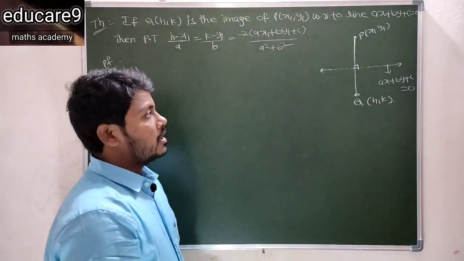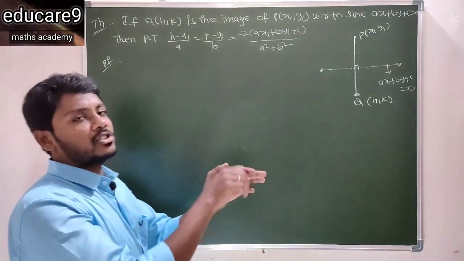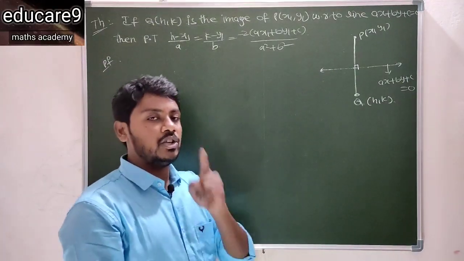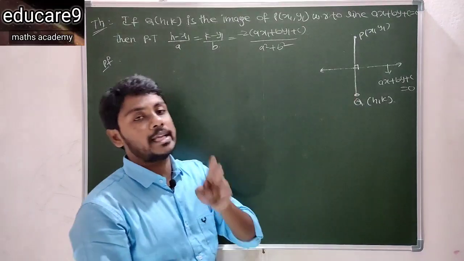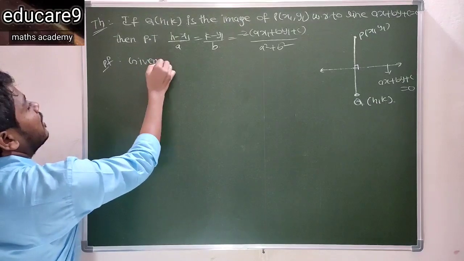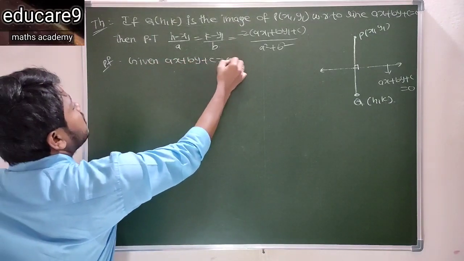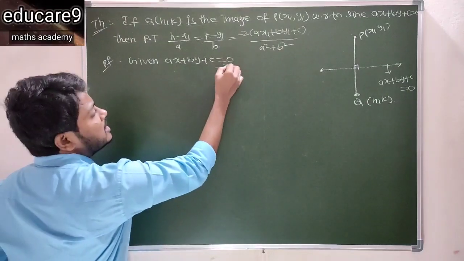Okay. So you know that two lines are perpendicular. Therefore the product of their slopes is minus 1. So first you need to find the slope of the two lines. Here the given line is ax plus by plus c equals 0. So this is equation 1.